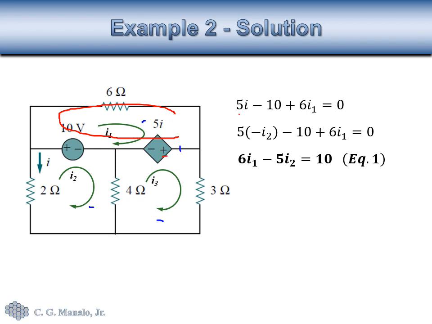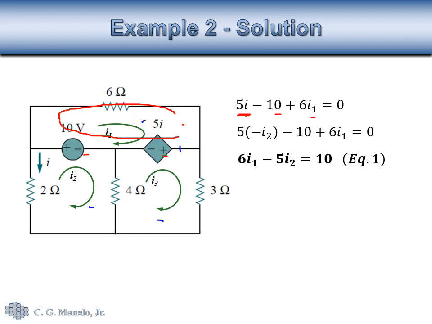Remember, this one is a voltage. Then minus 10 plus 6I. There's only one resistance inside the loop, so that would be 6I sub 1 equals 0.